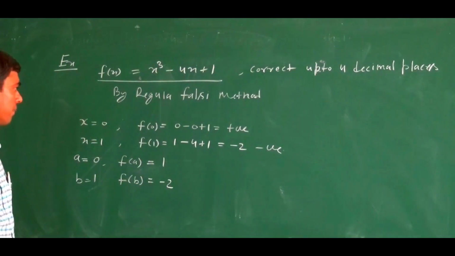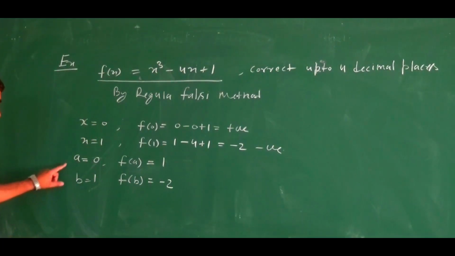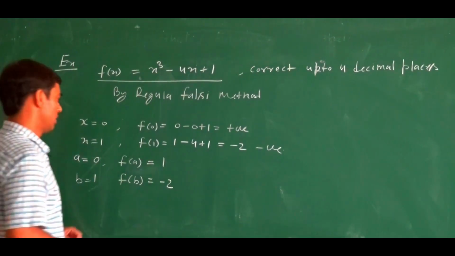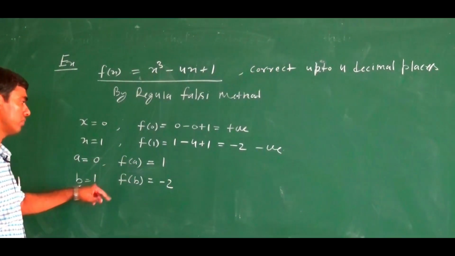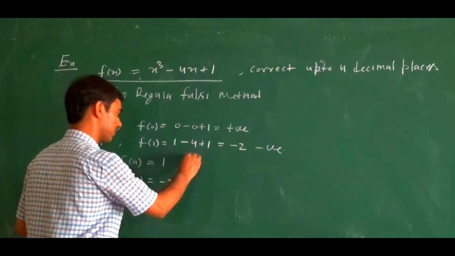These are the two initial values, one where the function is positive and another where the function is negative.